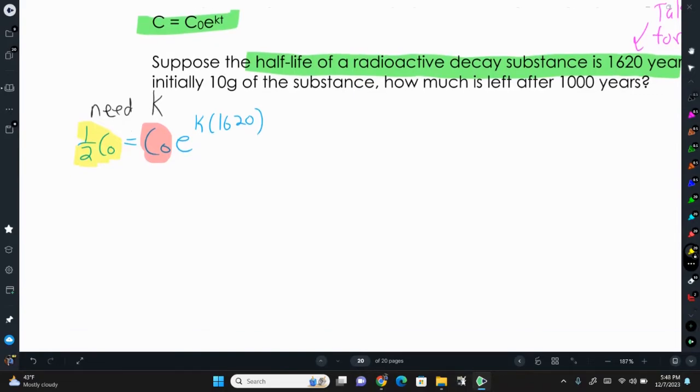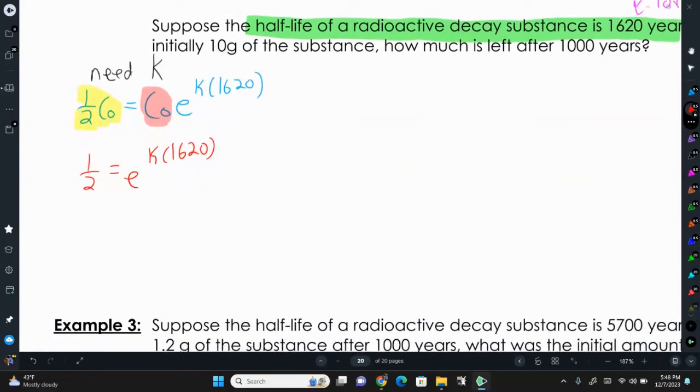So if we divide both sides by C naught, we get 1/2 equals e to the k times 1,620 power. Now remember when we did the PERT formulas, if we wanted to double something, our shortcut would say 2 equals e to the rt power. So this is using that shortcut, but with half-life.